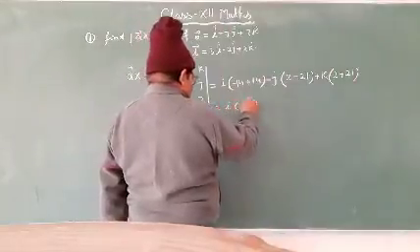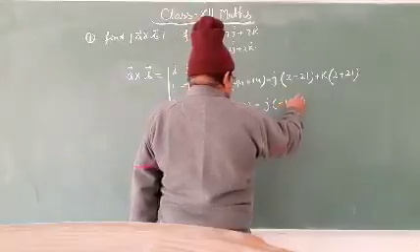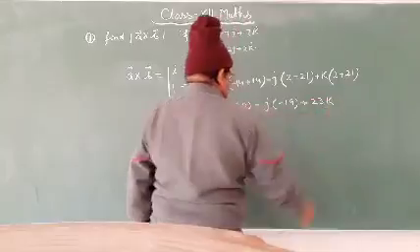That is i into 0 minus j times minus 19 plus 19k.